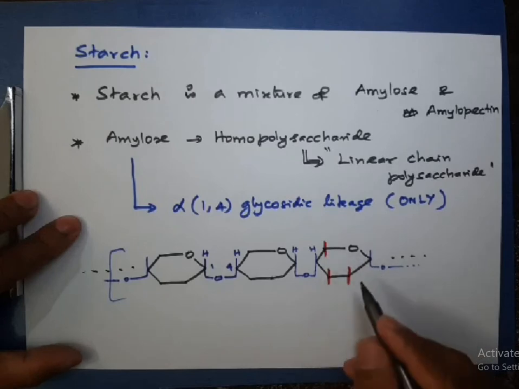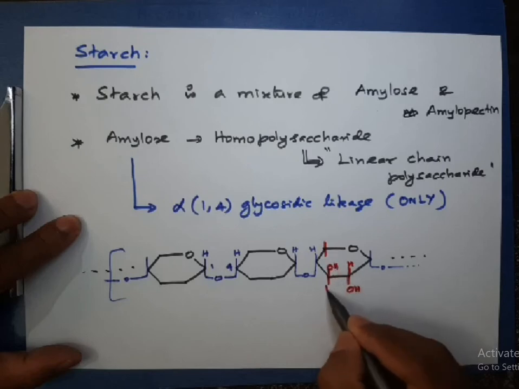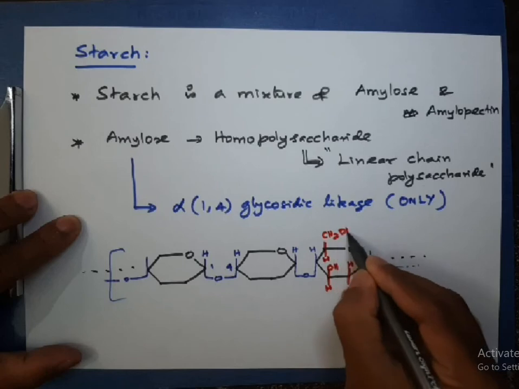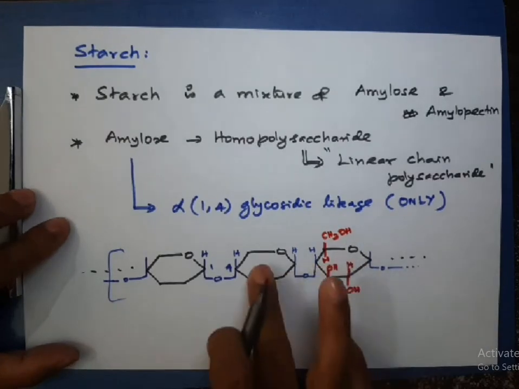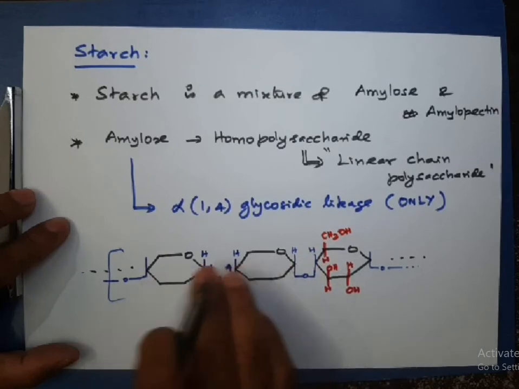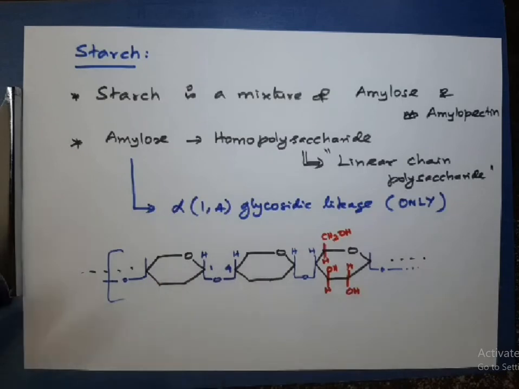In one glucose unit I'll show second carbon OH group down, third carbon OH group up, and fifth carbon always hydrogen down, CH2OH above. The same groups, the same arrangement should be there in the other units also. I didn't show that, but this is how you have to draw.